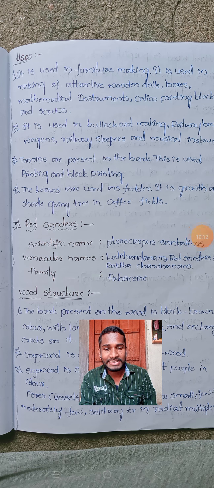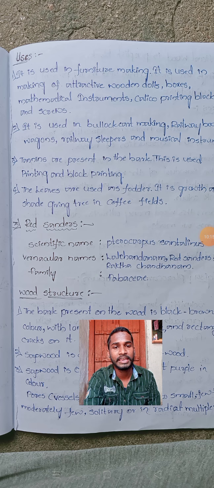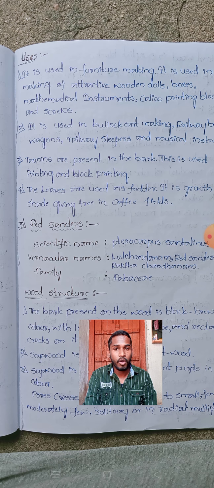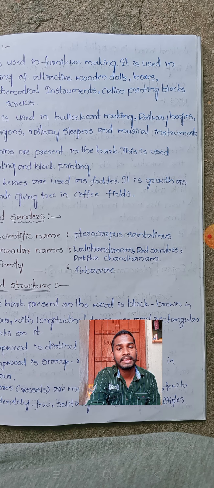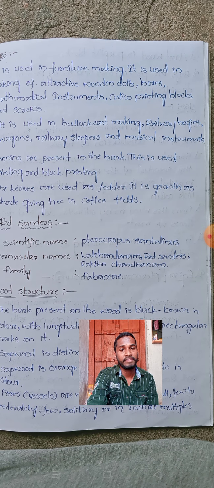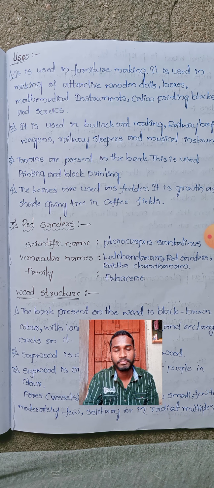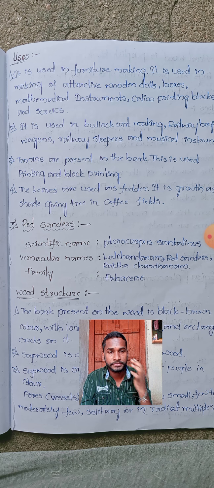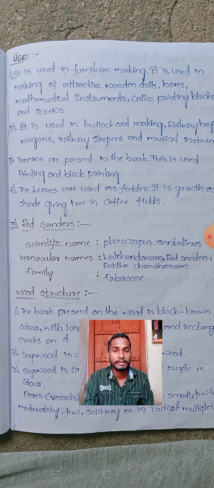Uses: it is used in furniture making, and in making attractive wooden dolls, boxes, mathematical instruments, block printing, and in making railway bogies. Dye is present in the dark heartwood and is used in printing.